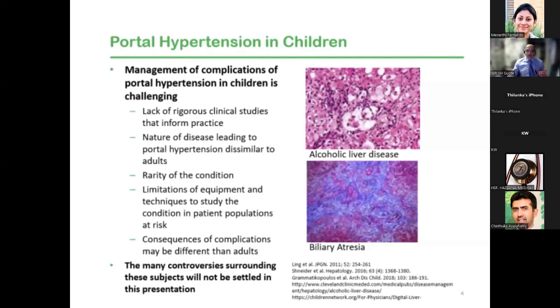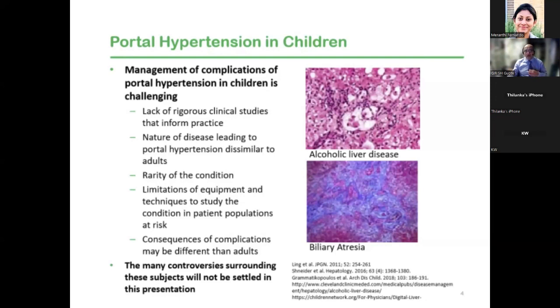And we have limitations of techniques, especially invasive techniques, to study this condition in the patient population at risk. So decisions about management of portal hypertension are more difficult because we are extrapolating a lot of information from adults.